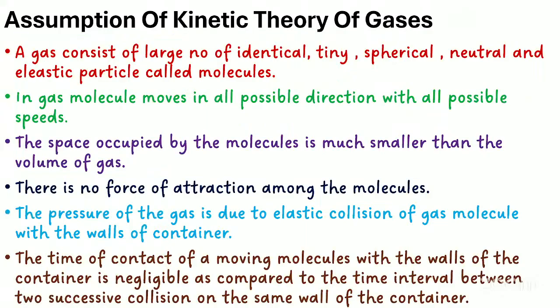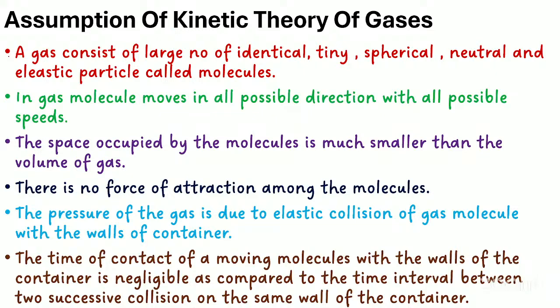Now, the very important theory, which is the kinetic theory of gases. There are assumptions that are really important for assertion-reason type questions or true-false questions. A gas consists of a large number of identical, tiny, spherical, neutral and elastic particles called molecules.